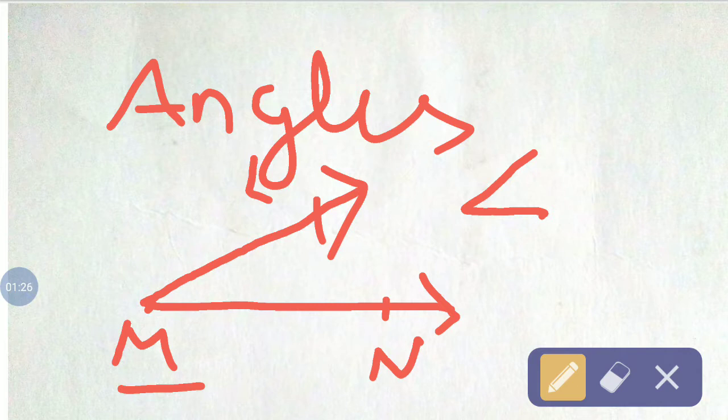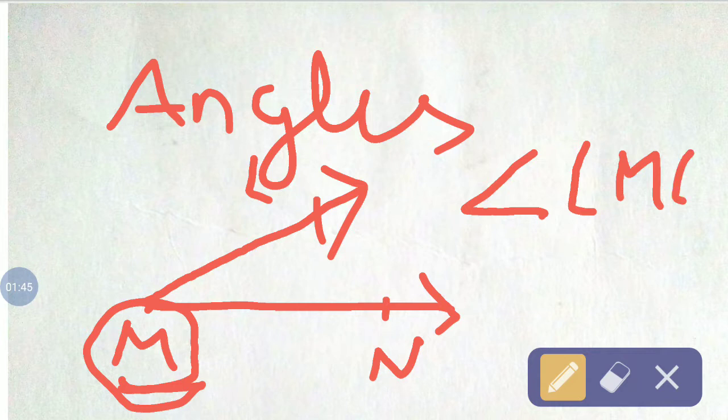Then, if we are using this symbol of an angle, then your middle letter is your vertex. You can say it as angle LMN. Remember one thing, that your vertex should be in the middle.